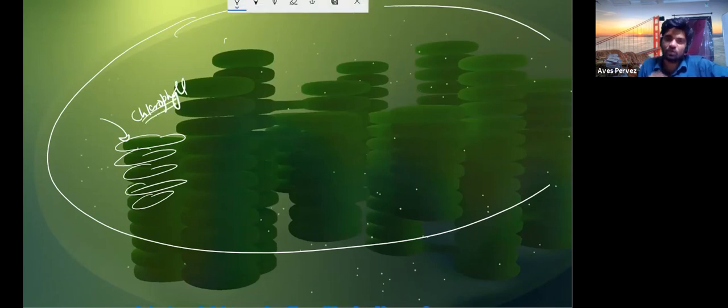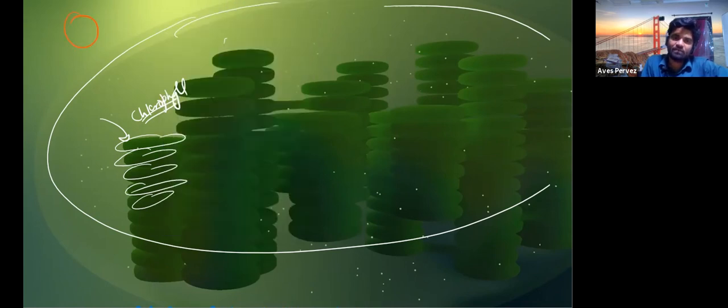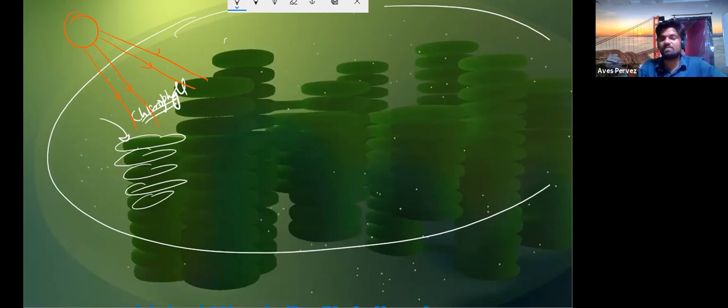When sunlight comes from the sun and strikes this region, it is absorbed. This unit absorbs the sunlight and converts the solar energy into chemical energy.